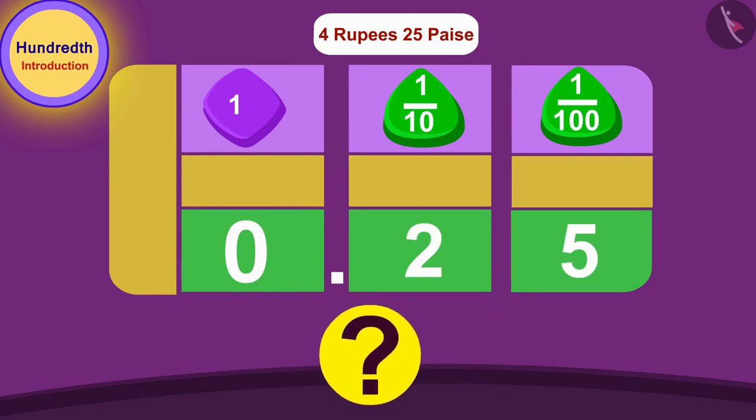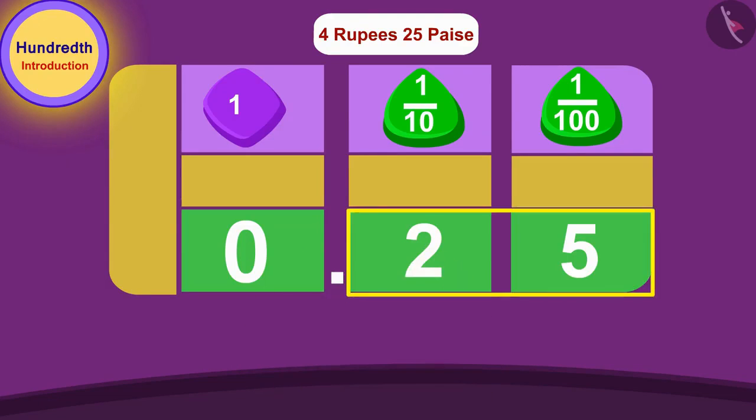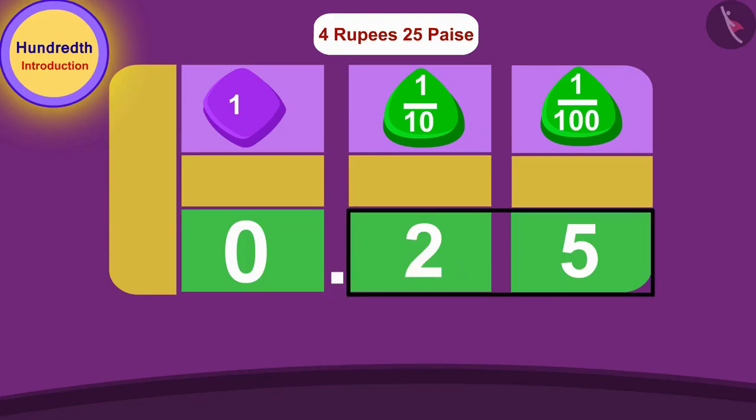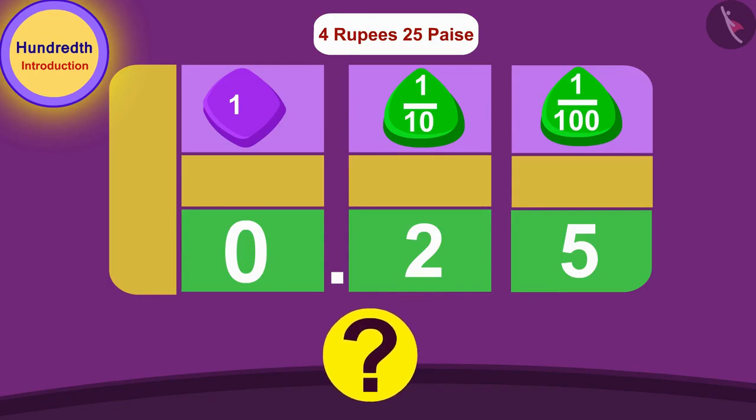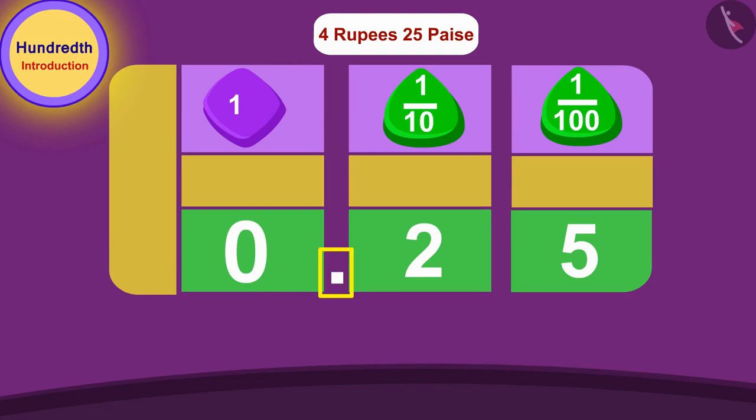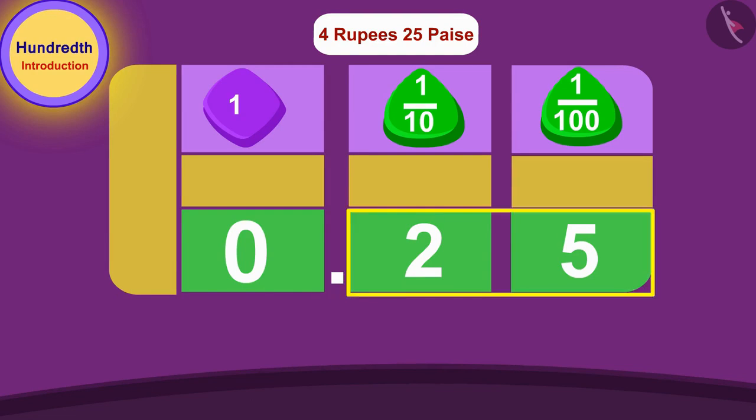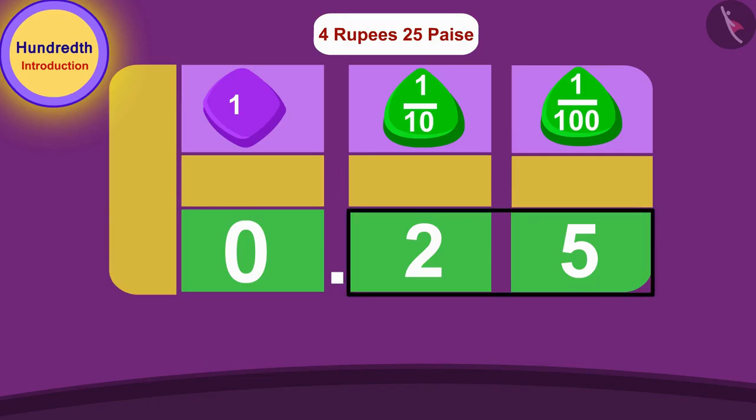And do you know how we read the number written in the 100th part? We will always read the number written in the 100th part after the decimal point by speaking its digits.